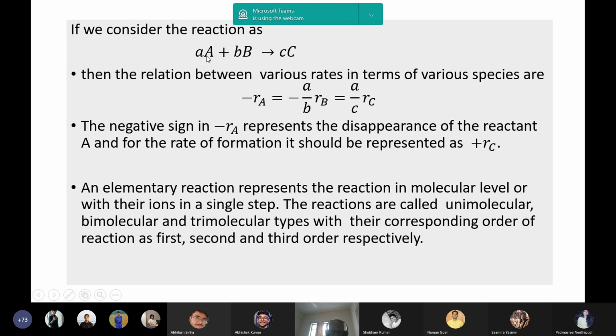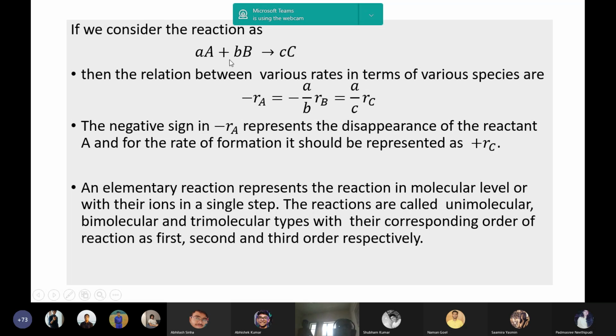If you find one molecule of A and one molecule of B reacting and giving two molecules of products, and if a single step is involved, then it is a second order reaction and it is called bimolecular reaction. But if the reaction is A to C, that is, one molecule of A giving one molecule of C, it is first order reaction, called unimolecular reaction. A single step is sufficient to explain the reaction mechanism.